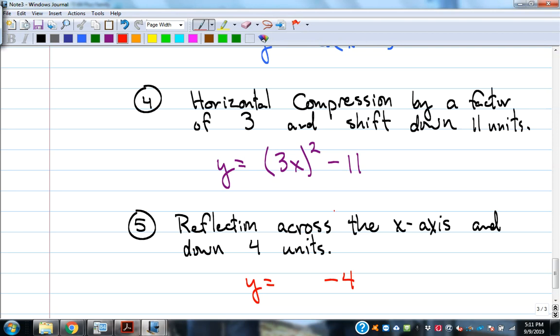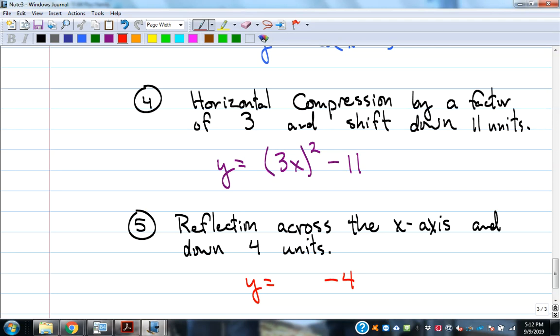What's happening to the x squared to reflect across the x-axis? Inside or outside? You're right. All right, so reflecting across the x-axis, x-axis is here. If you're going to reflect across it, you're going to move like that. That's a vertical movement. If it's reflecting across the y-axis, you're going across, so that's a horizontal movement.